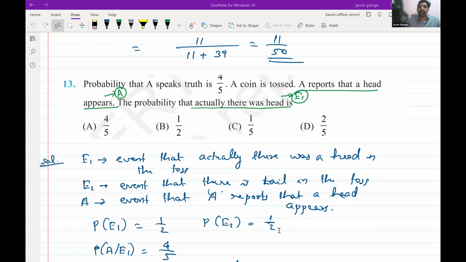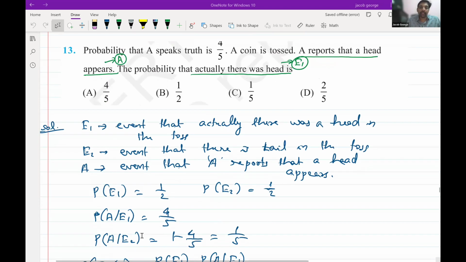Next, P of A given E1. What is A given E1? A means A reports that head appears, given that actually there is head. Means A speaks truth, right? Once again, A given E1: A reports that head appears, given that actually there was head.